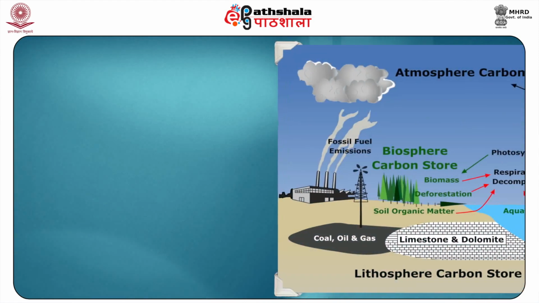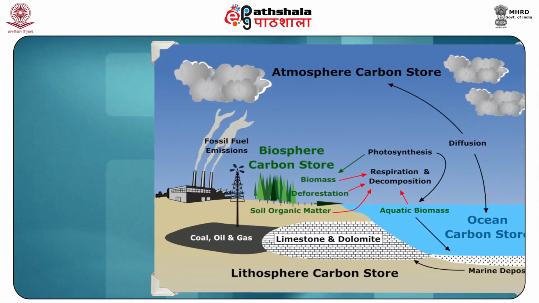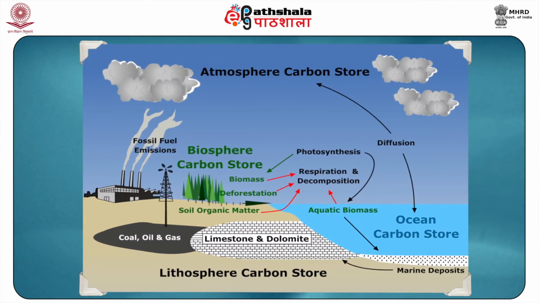Most of the carbon on Earth is stored in inert forms in the lithosphere. 80% of this carbon is present in limestone and its derivatives. Limestone is formed from the sedimentation of shells of marine organisms which are rich in calcium carbonate. The remaining 20% of carbon is present in shale rocks which are rich in kerogen.